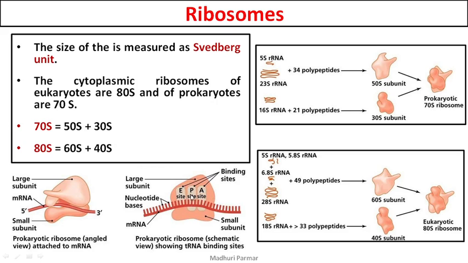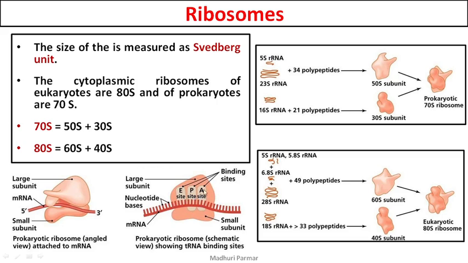The P site is where the peptide bond is formed between the two amino acids. In biomolecules you must have studied that between two amino acids there is a peptide bond. This peptide bond is made in the P site, and this reaction is an enzymatic reaction done by the enzyme peptidyl transferase.